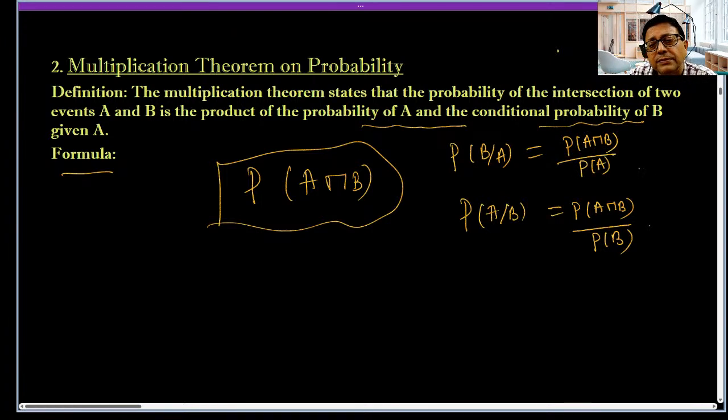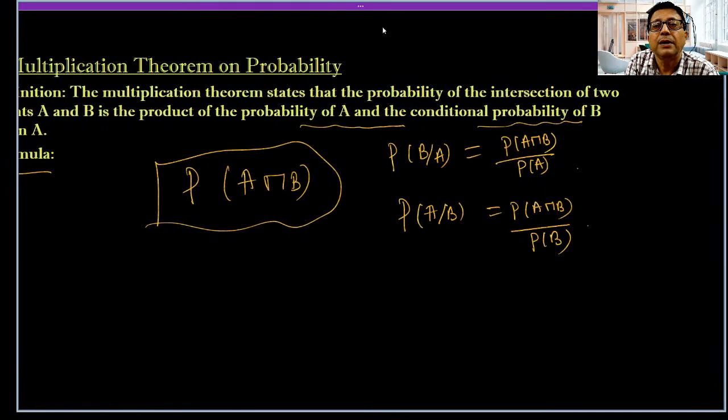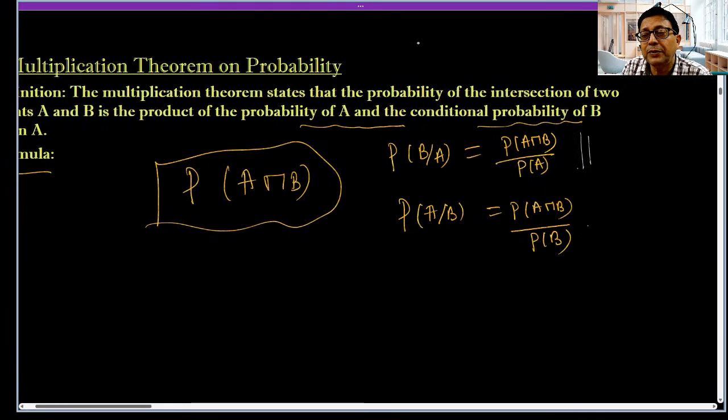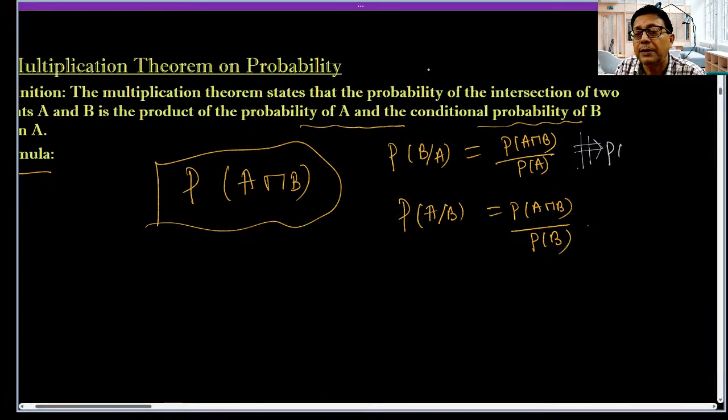Alright. Now you see in this formula, P(A∩B) is visible. Here we can write this as P(A∩B) equal to P(A) into P(B|A). Here what can you write?